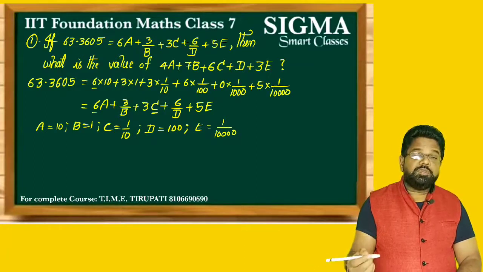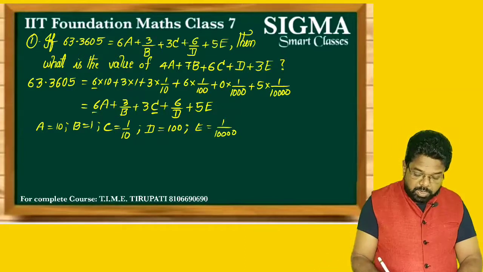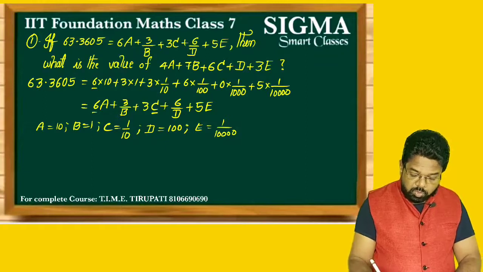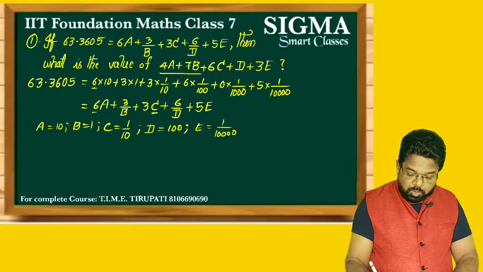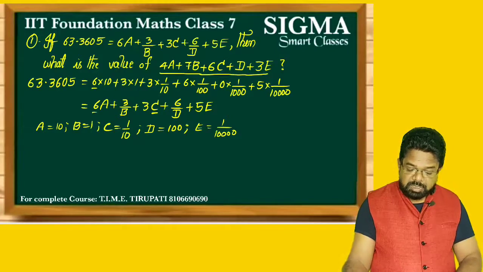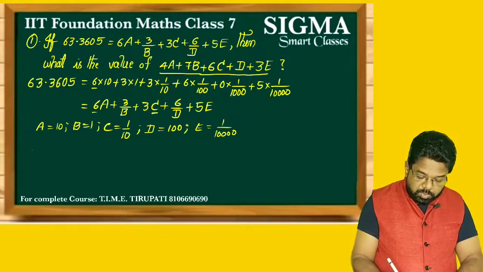If you know the values of a, b, c, d, e, you have to calculate this: 4a plus 7b plus 6c plus d plus 3e.